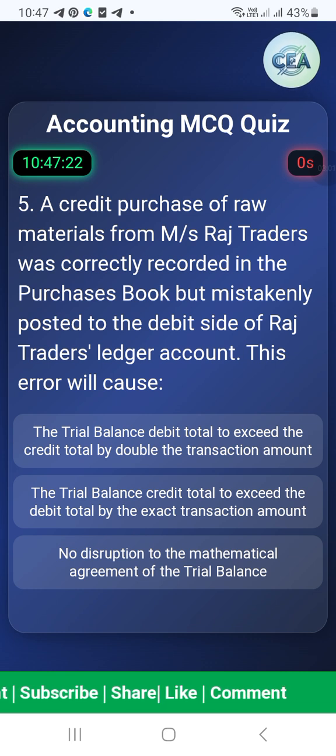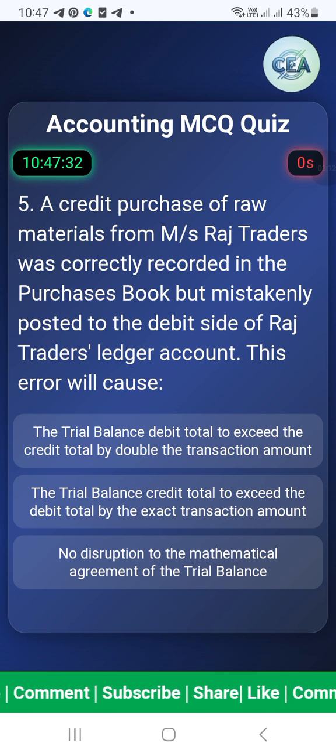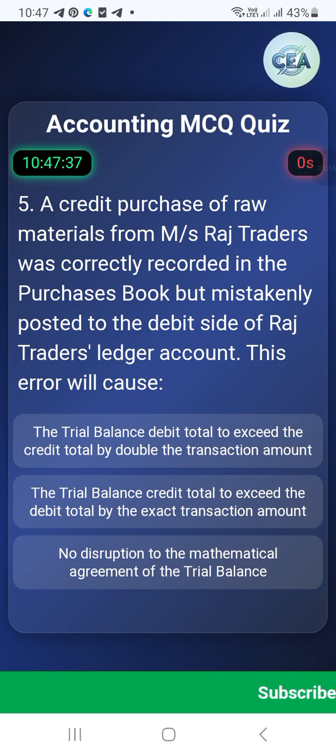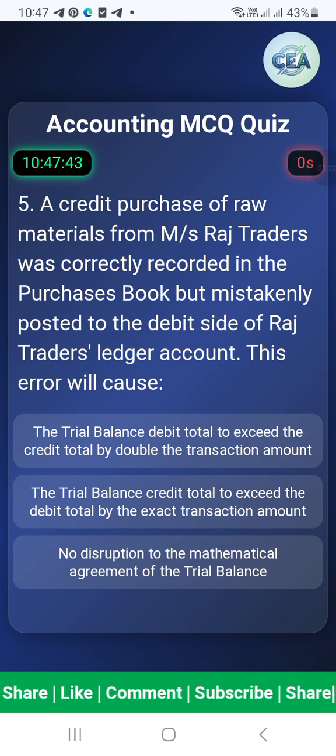5. A credit purchase of raw materials from M.S. Raj Traders was correctly recorded in the purchases book but mistakenly posted to the debit side of Raj Traders' ledger account. This error will cause: Option 1. The trial balance debit total to exceed the credit total by double the transaction amount. Option 2.